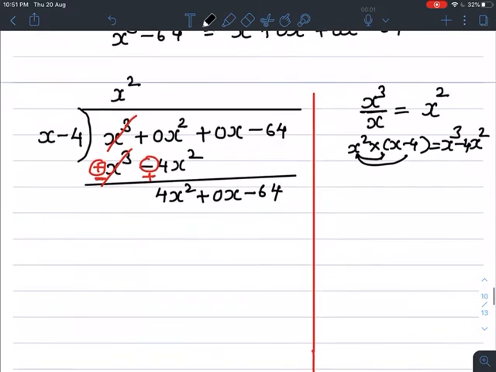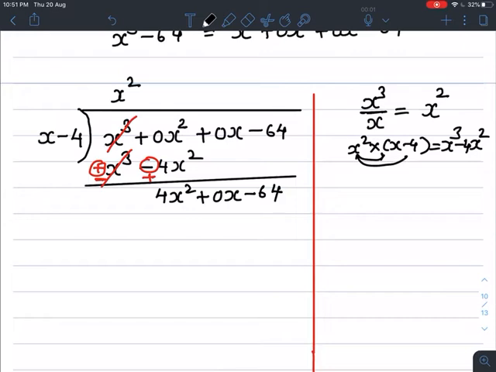Now how we did division here, same way you have to divide here. I will take 4x square upon, means first term of dividend divided by first term of divisor.